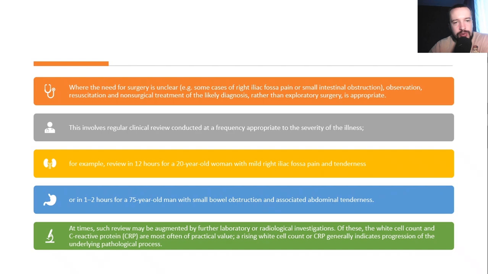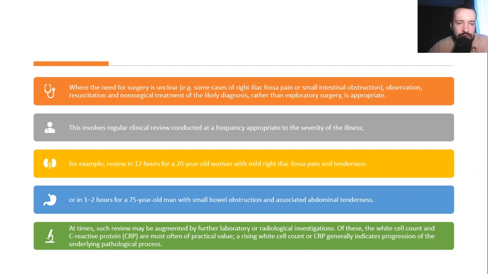This involves regular clinical review conducted at a frequency appropriate to the severity of the illness. For example, review in 12 hours for a 20-year-old woman with mild right iliac fossa pain and tenderness, or in 1-2 hours for a 75-year-old man with small bowel obstruction and associated abdominal tenderness.